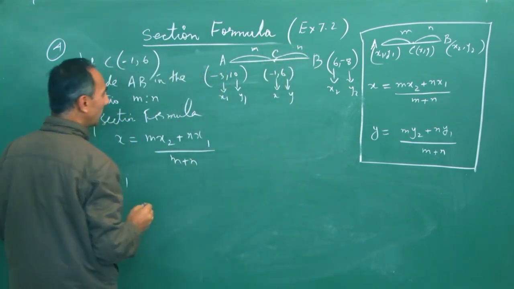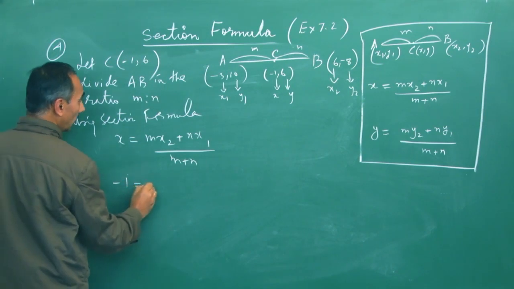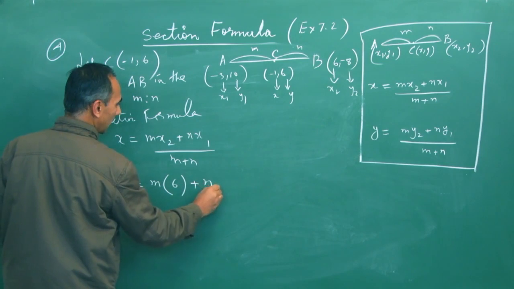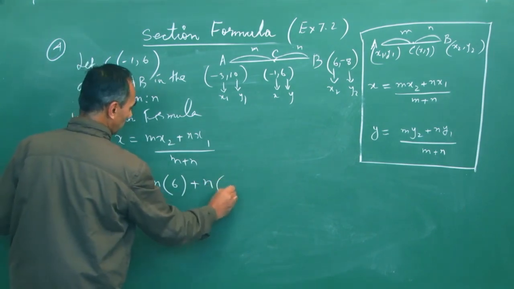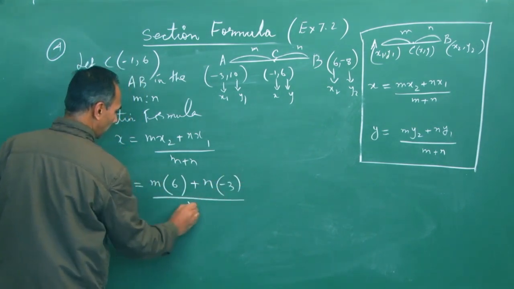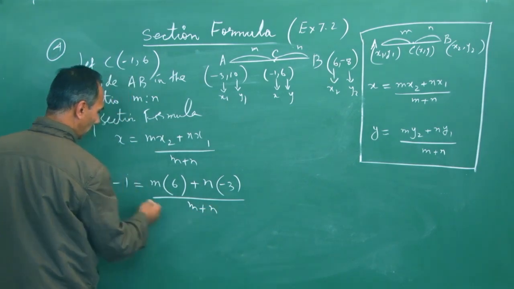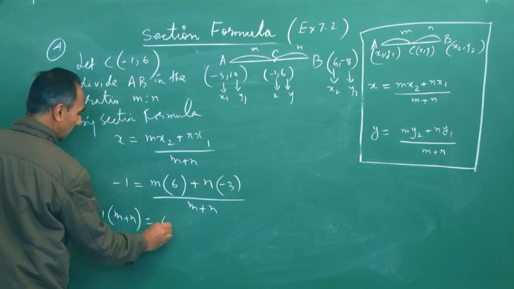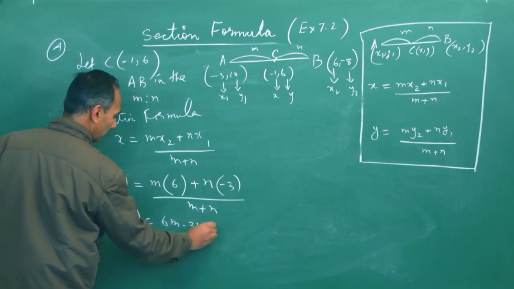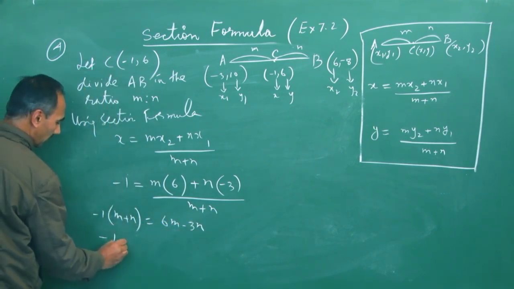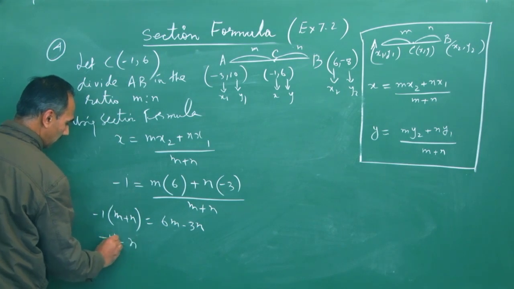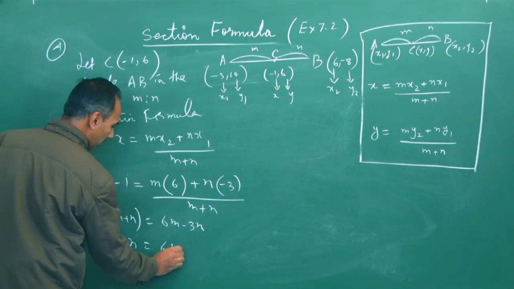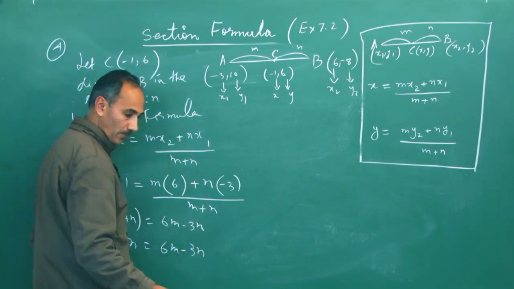So x is -1 equal to m times x2, which is 6, plus n, which I have to find, times x1, which is -3, whole upon m plus n. Now do the cross multiplication. This will be -1 times (m plus n), which is 6m minus 3n. Further simplification: -m minus n is equal to 6m minus 3n.